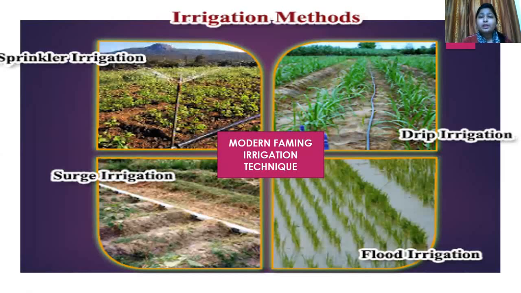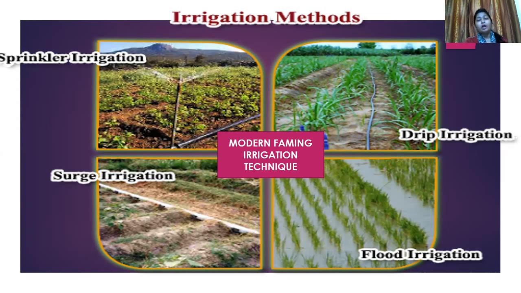That is the reason that we need to irrigate much more as compared to traditional methods of farming, because in traditional methods of farming we do not require much amount of water, but when we are doing farming with the help of modern techniques, then definitely there is huge requirement of water, because HYV seeds consume lots of water. So since it consumes lots of water, we need to irrigate more as compared to the traditional methods of farming.